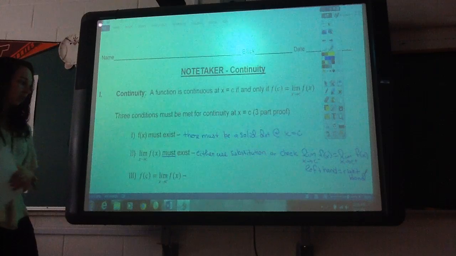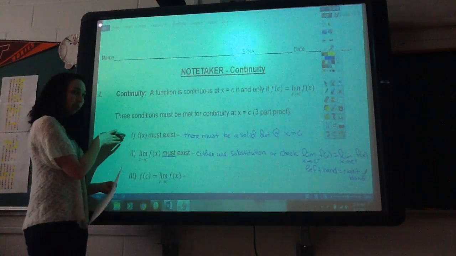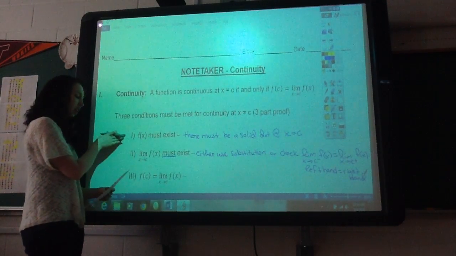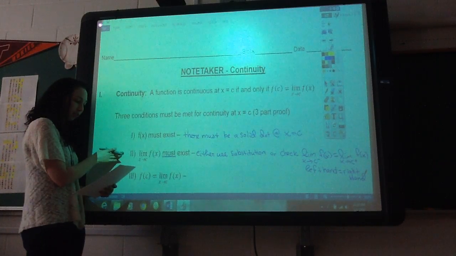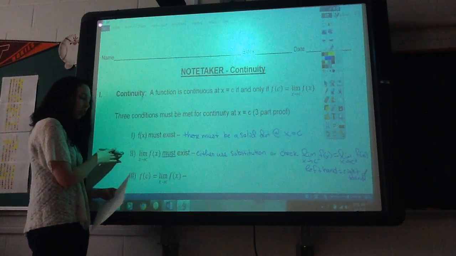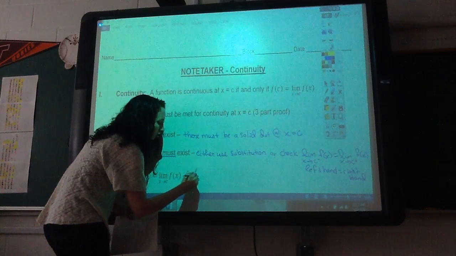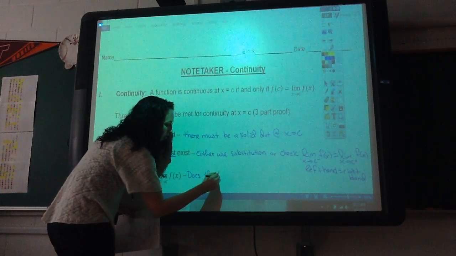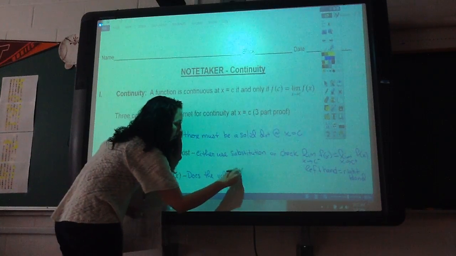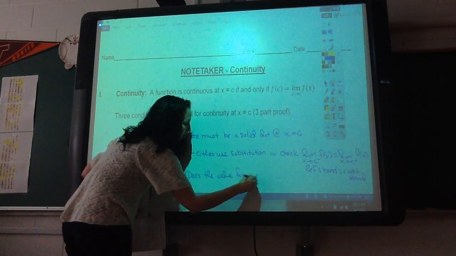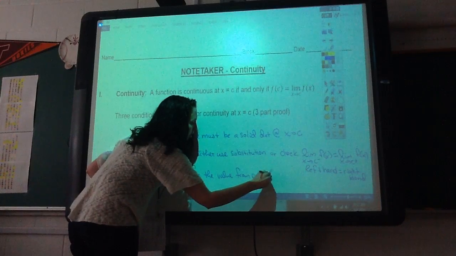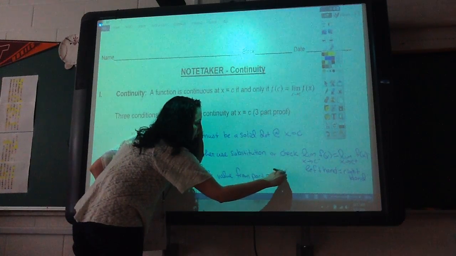The last piece is if this happens, and it works, and then that happens, and that works, you compare the two. So does the value from part one equal part two?